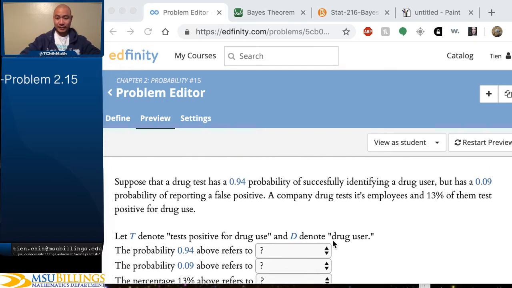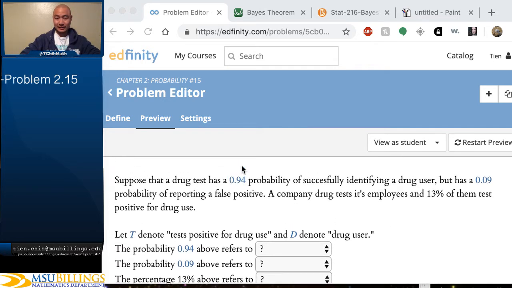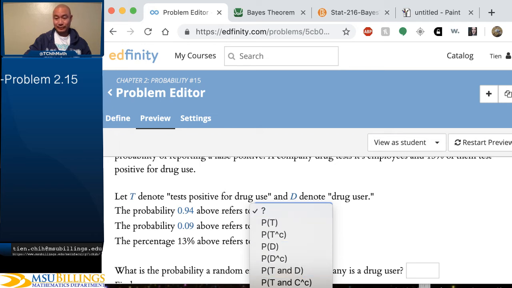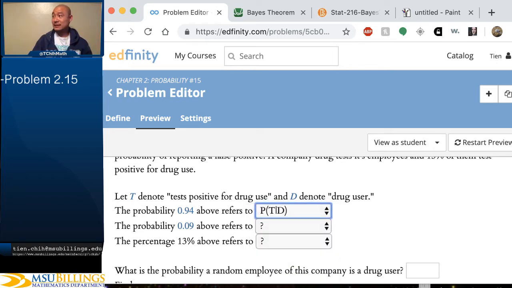So this 94%, what is that? Well, it's a 94% chance of testing positive, right? But it's not for everyone testing positive. This 94% is just for people who use drugs who test positive. So that is the probability that you test positive given that you use drugs, and that's this value here.